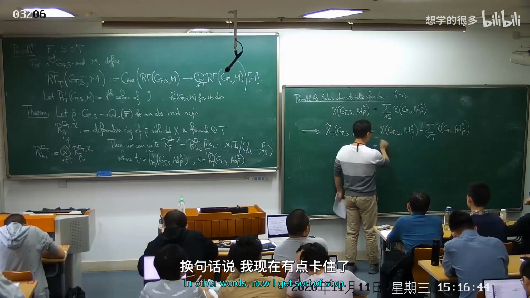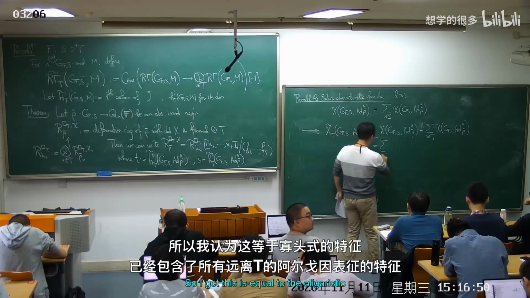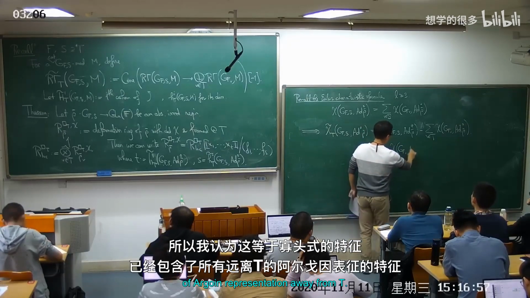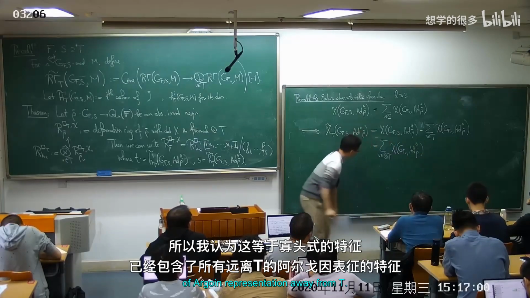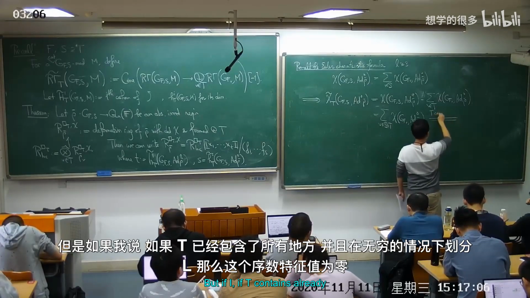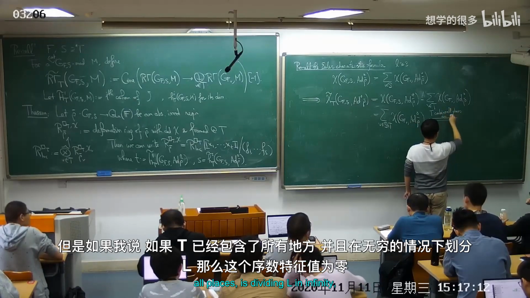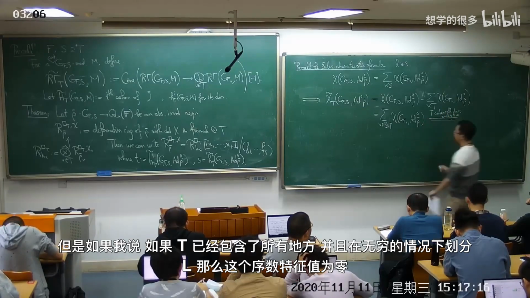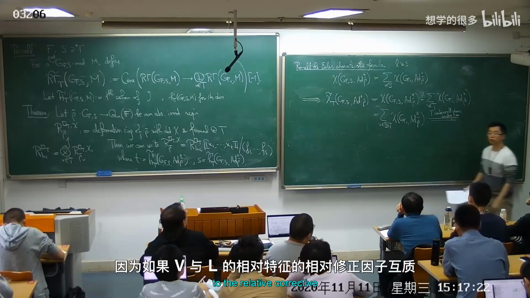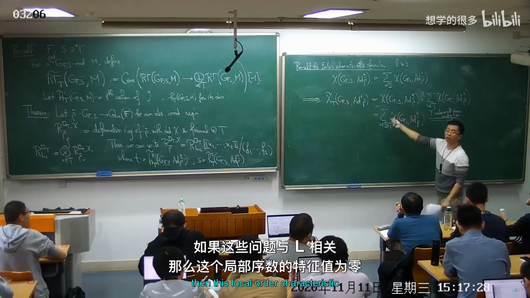In other words, I get the Euler characteristic of the adjoint representation away from T. But if T contains already all places dividing L and infinity, then this Euler characteristic is 0, because if v is relatively prime to the residual characteristic of L, then this local Euler characteristic is 0.